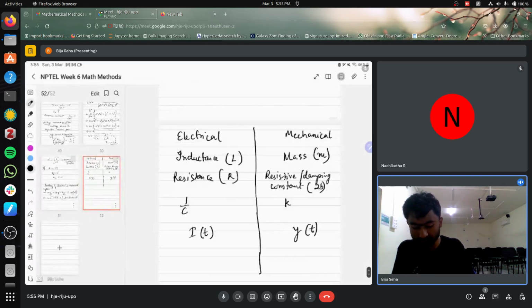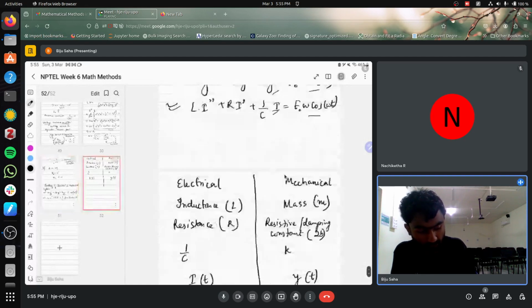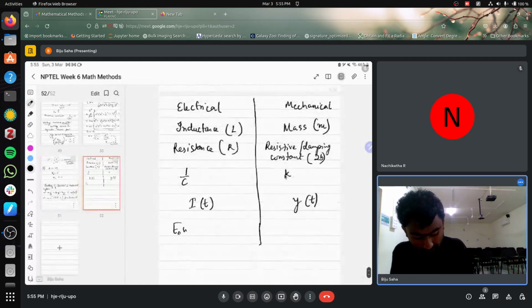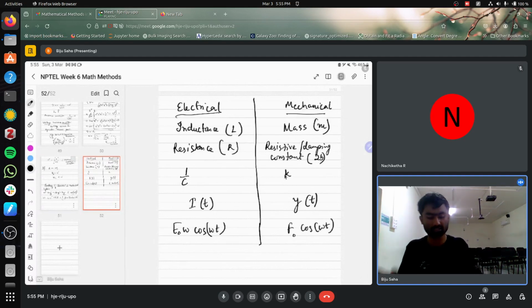And one more thing is this driving force, which is in both of them of this cosine form. So this is the analogy between the two kinds of systems.